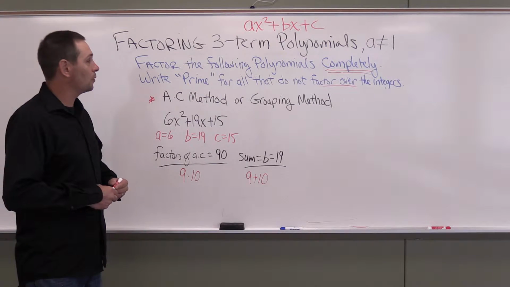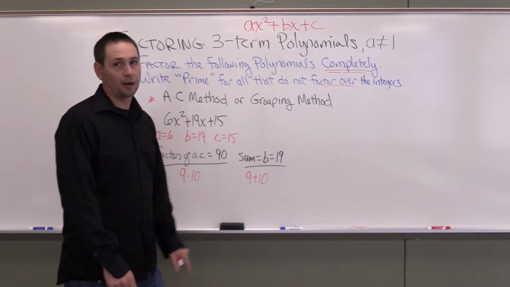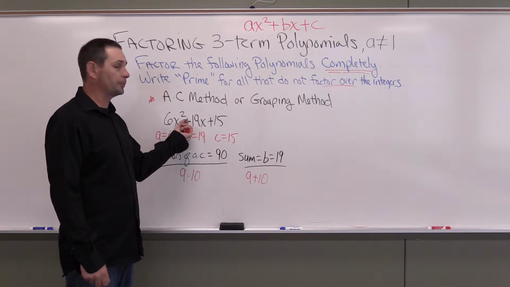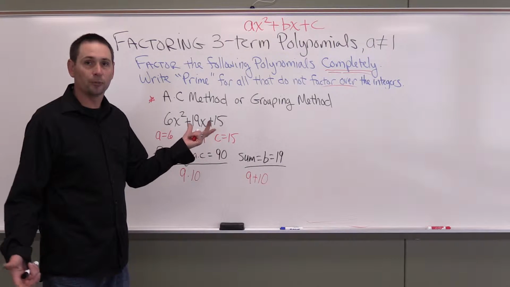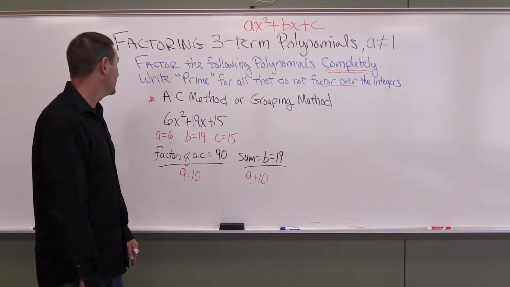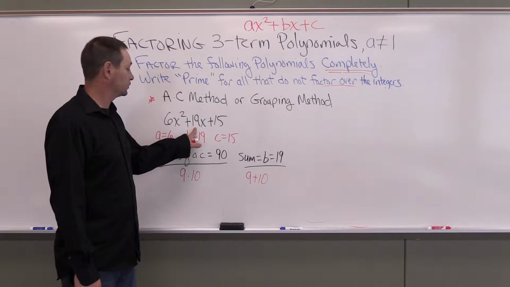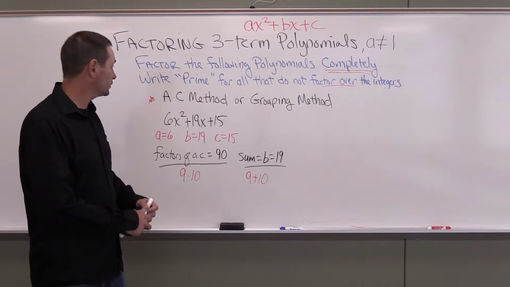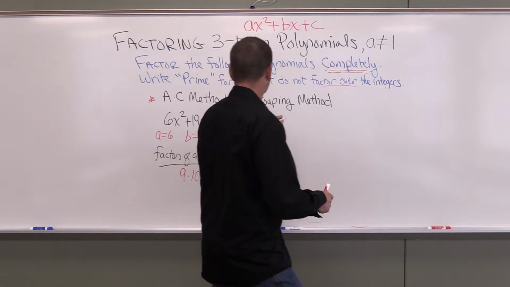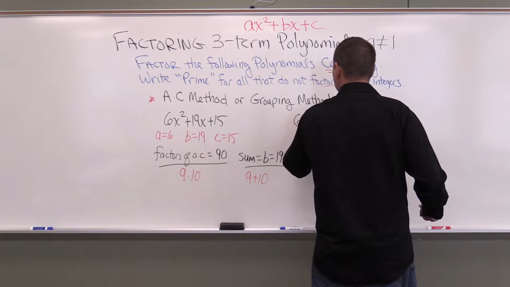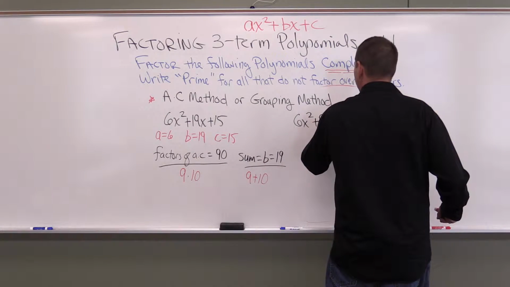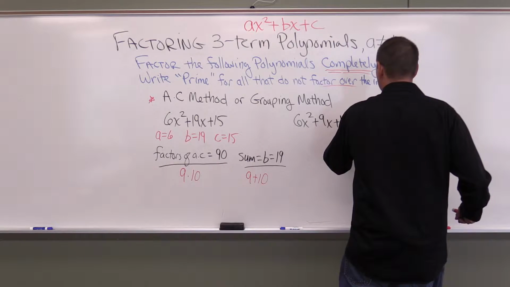And so our goal, and why they call it the grouping method in a lot of books, is because what we're going to do is break this up into a 4-term problem and factor by grouping, just like we did with the 4-term problems. So we use these as coefficients to split up the middle term. I'm going to rewrite this as 6x squared plus 9x plus 10x plus 15.